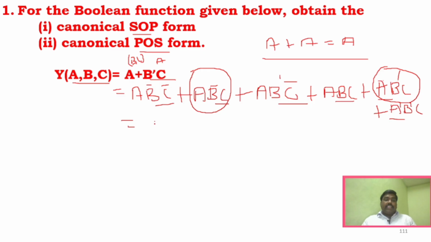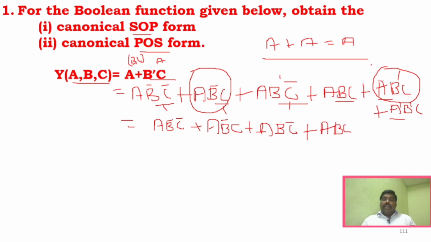So I will write it as A, B bar, C bar, this term, plus A, B bar, C, this term, plus A, B, C bar, this term, plus A, B, C, and this is what we are combining and writing at once.